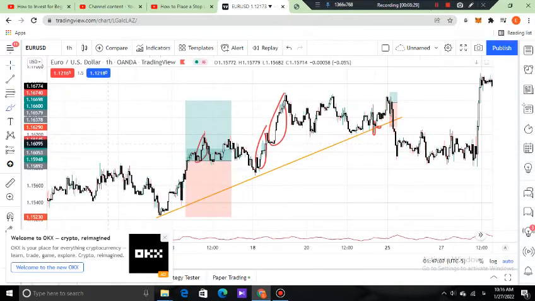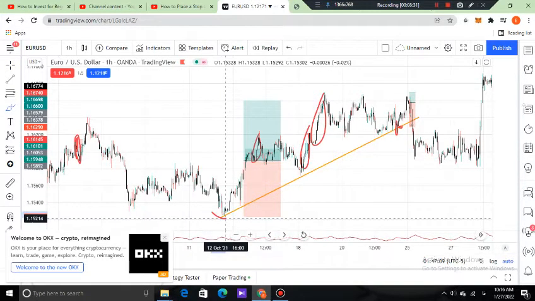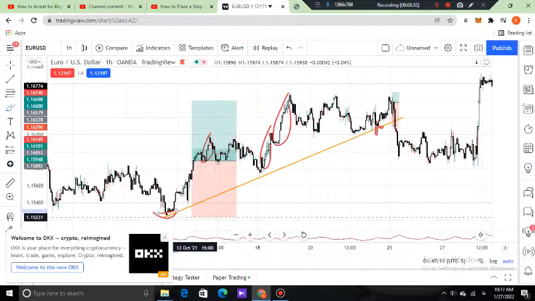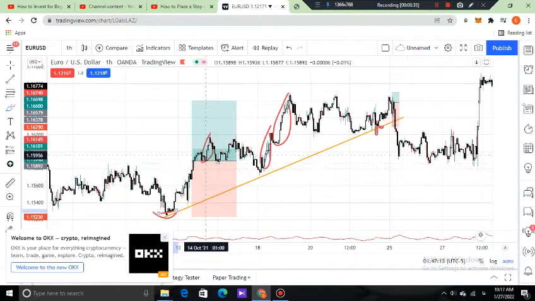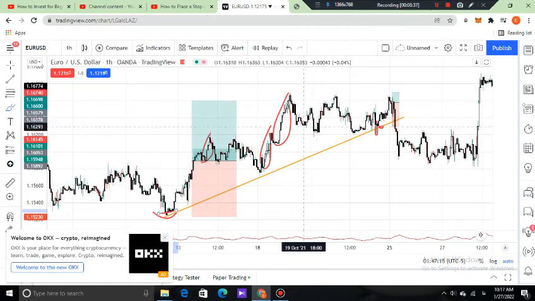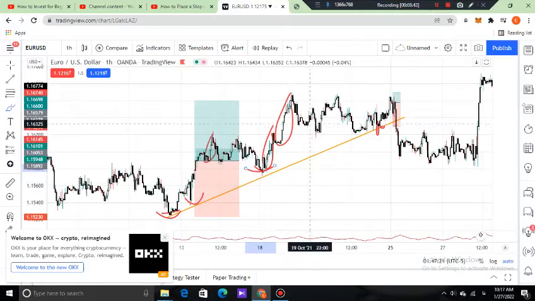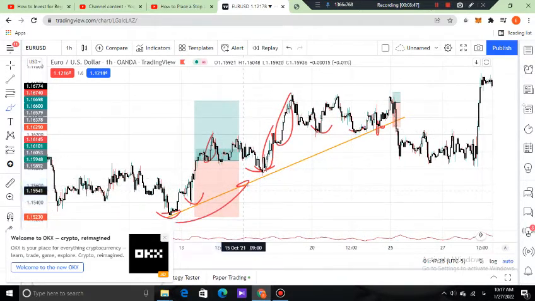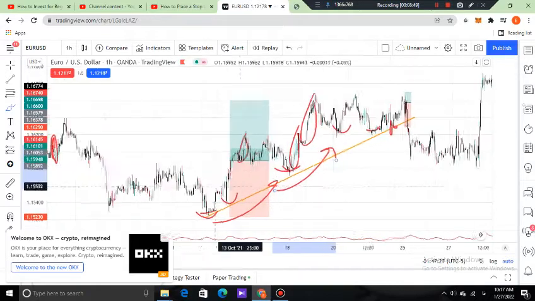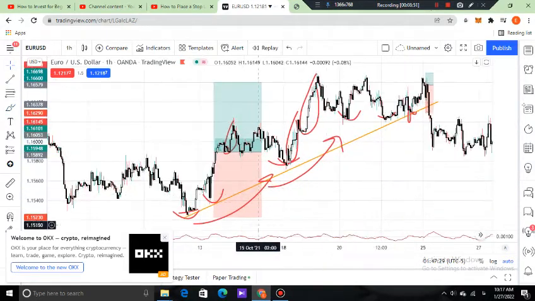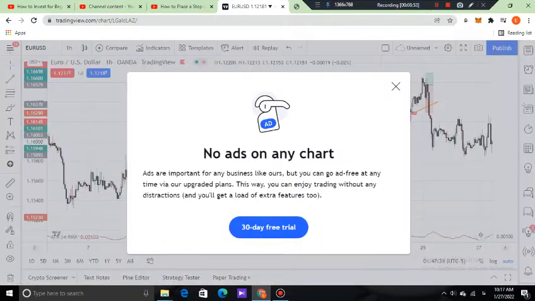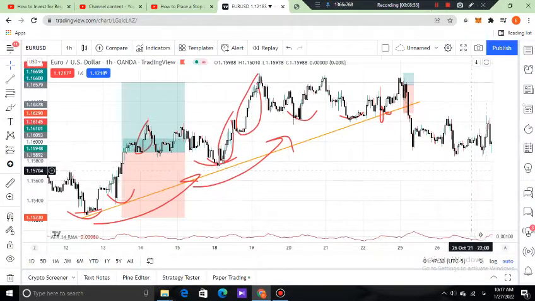They constantly raise their stop as price goes up, and by doing this they actually reduce their risk.